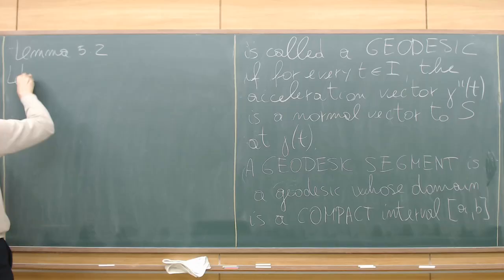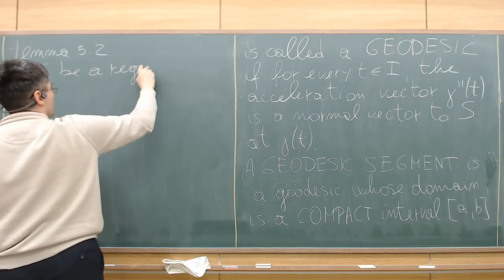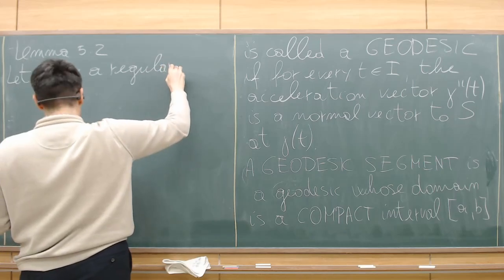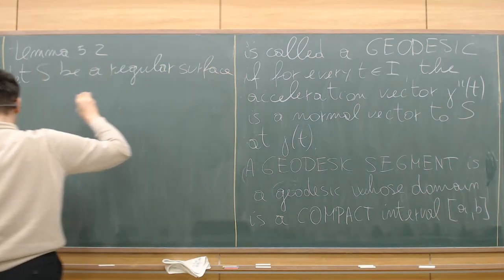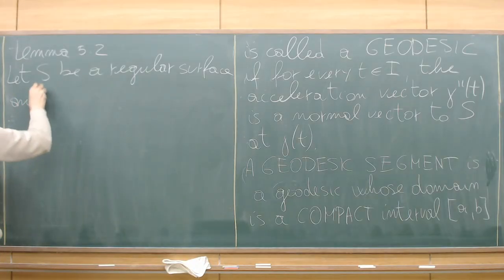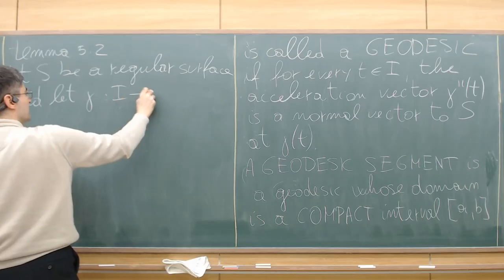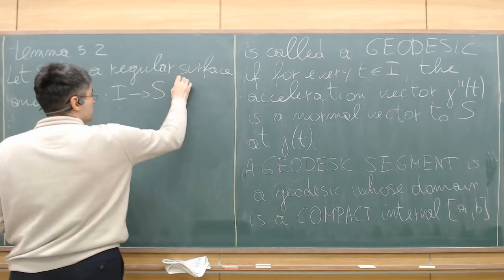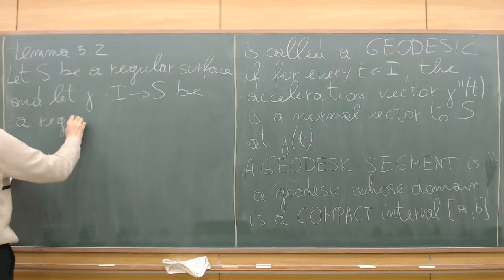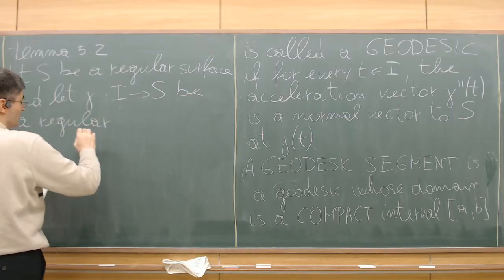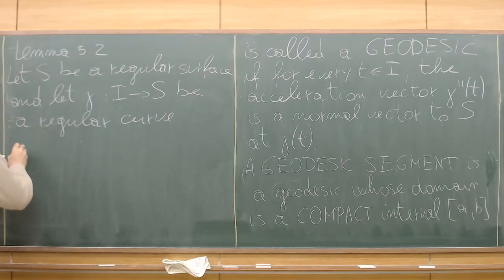So let S be a regular surface, and let gamma be a regular curve in S. 1.